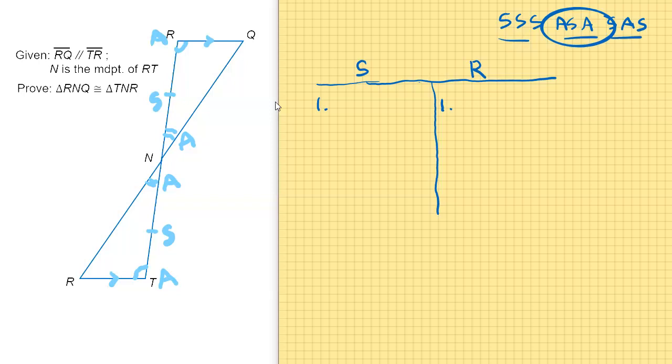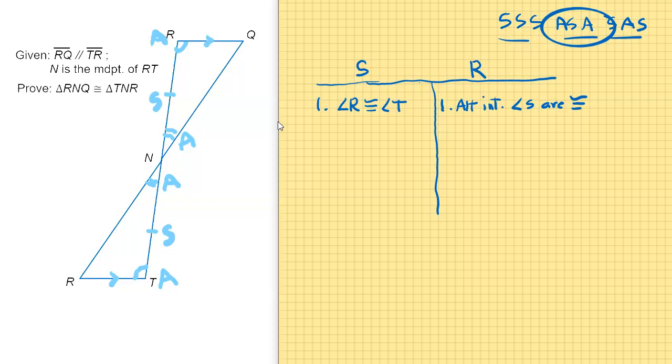I want to show that a pair of angles are congruent, and we talked about why angle R is congruent to angle T. Angle R is congruent to angle T because they are alternate interior angles, and alternate interior angles are congruent if the lines are parallel, which they are. So alternate interior angles are congruent.